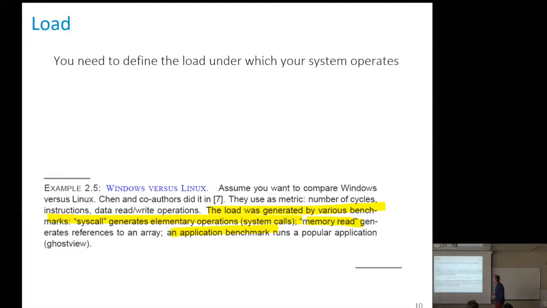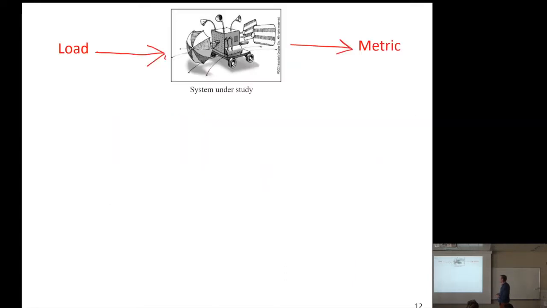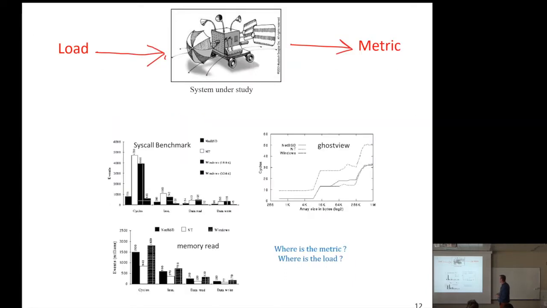We mentioned also the load. The load is, for example, in the case when I want to do Linux versus Windows, we've discussed the metric. You also need to discuss the factors in general, and the load in the world of computer systems is very important.